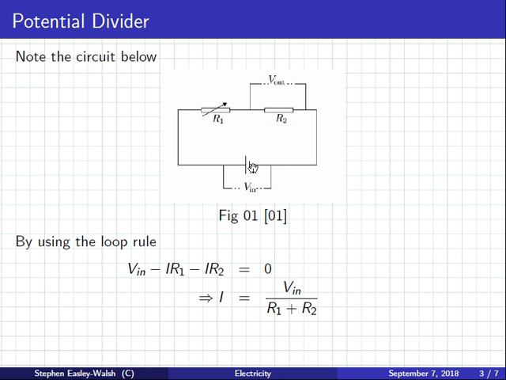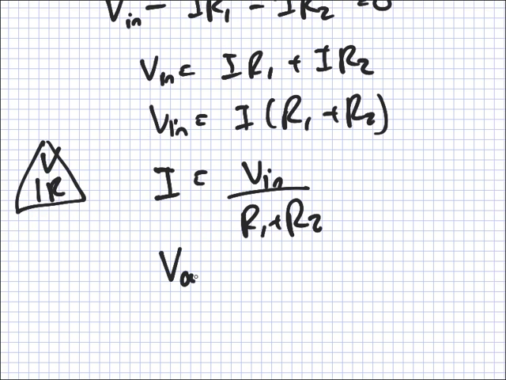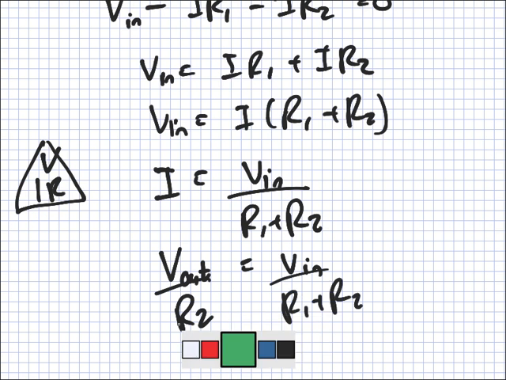What over what? Yeah, which V but which R? I'm going to use this one. So V out over R2, yeah. So I can say now V out over R2 equals V in over R1 plus R2. So the last thing to do is just to bring the R2 up to the right.